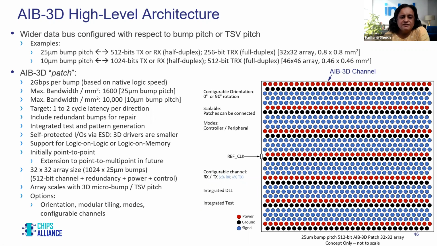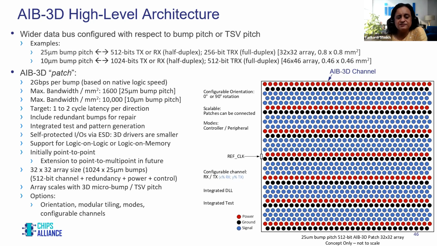So this is a high-level picture of what we envision the architecture to be. It is a 2D array of various signal bumps, and we've shown how we might intersperse power and ground, and this is just concept only for now. We obviously may, with some further analysis, change the way that we do the power and ground bump out. But as you can see, we can scale this array depending on bump pitch.